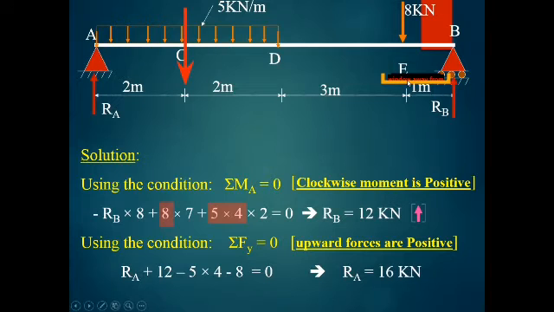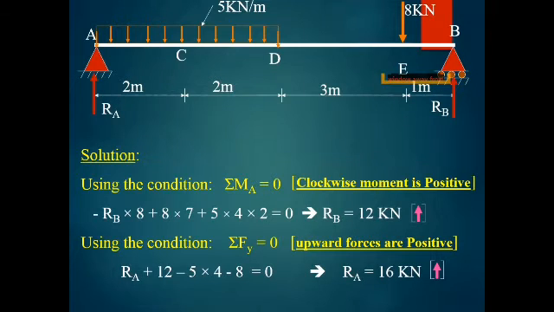I have written the value of RB directly. Then next load is 5 into 4 UDL, which is going down, so I have taken minus. 8 is going down, so I have taken minus, and equate it to 0. Solve this, and you will get the answer of RA, that is 16 kilonewton. So this is how you can calculate the reactions of the beam.